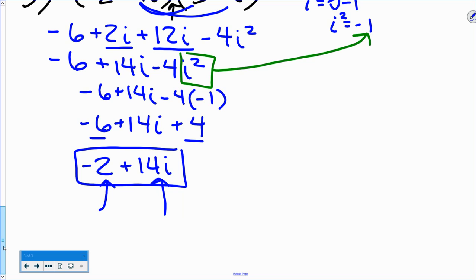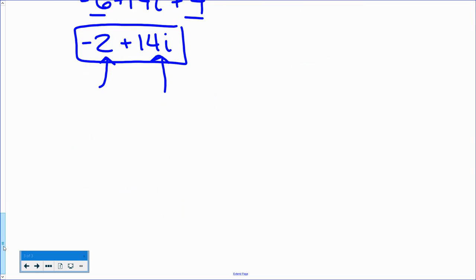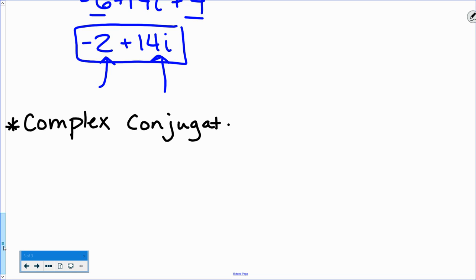All right, we're gonna move on to division, but before we talk about division, we're gonna talk about a complex conjugate. My complex conjugate will be important for division.